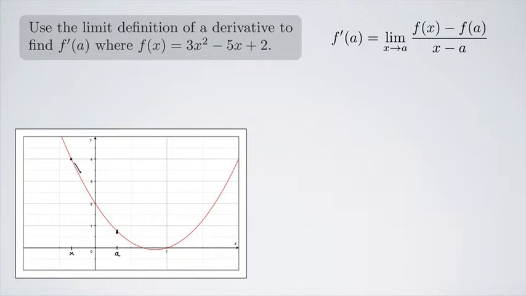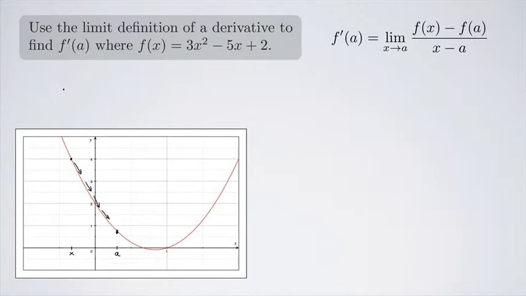In other words, we're moving that point down along the curve and getting it closer and closer to the other point, but not on top of it. We're calculating the slope of the secant line, and as we bring that point closer and closer, the slope of the secant line approaches the slope of the tangent line.